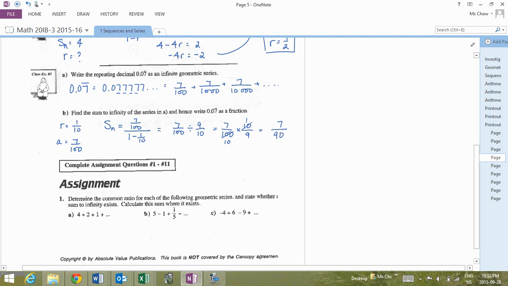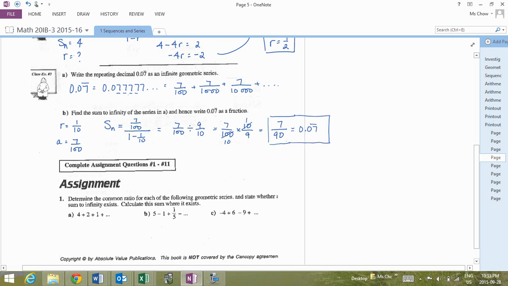Some of you perhaps may recall this from an investigation you did when you were in grade 9. So that would be your fraction, which is equal to 0.07 repeating.